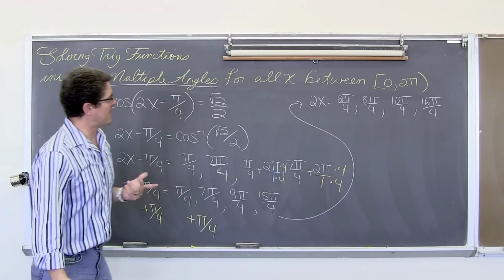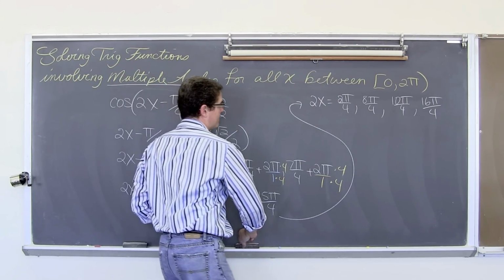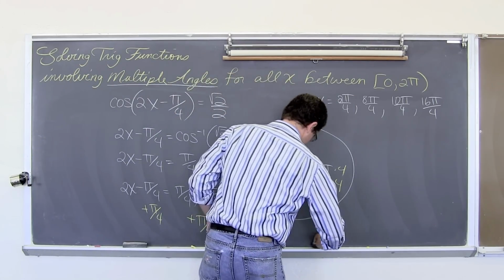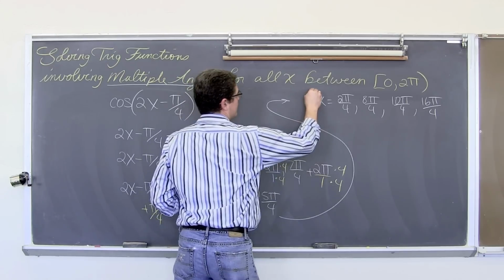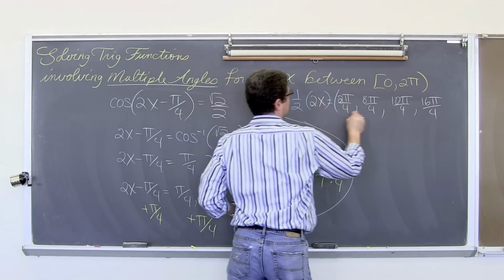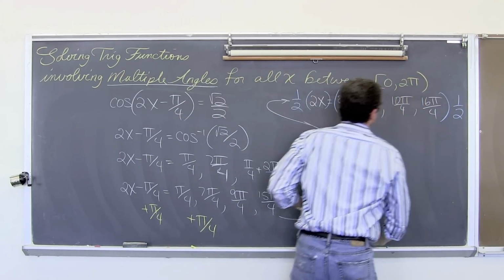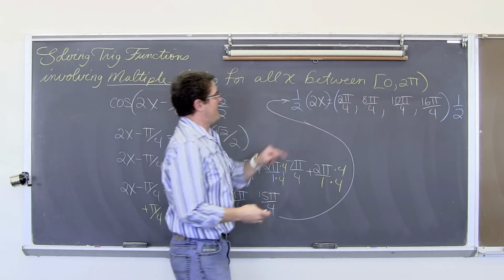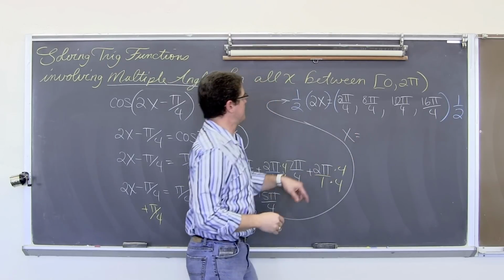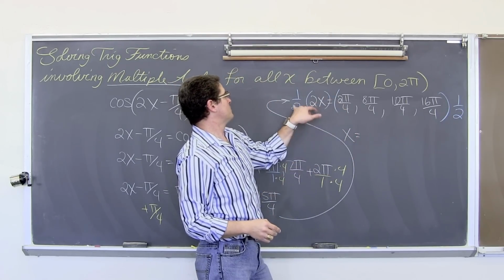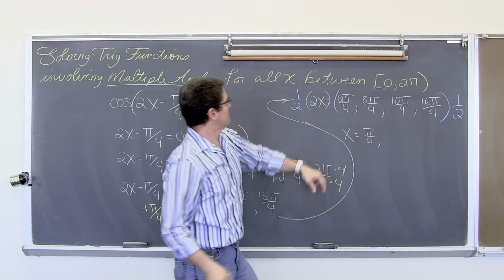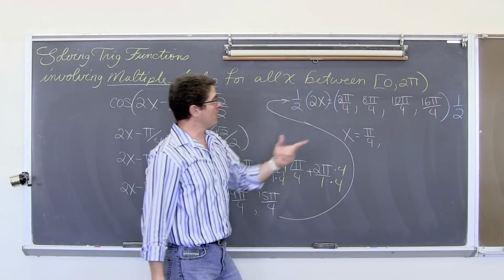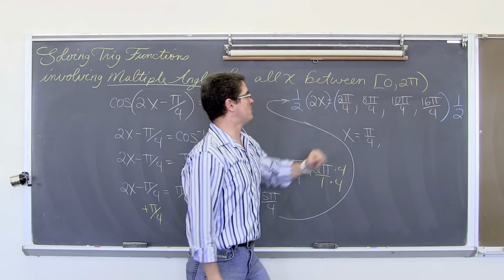Okay, so our last step is to divide everything by 2, or multiply both sides of this sort of list of answers, this kind of an equation. Multiply everything by 1/2. And what do we have? We have x is equal to 2 divided by 2 is 1, so pi over 4. 8 divided by 2 is 4, and 4 over 4 is equal to 1.